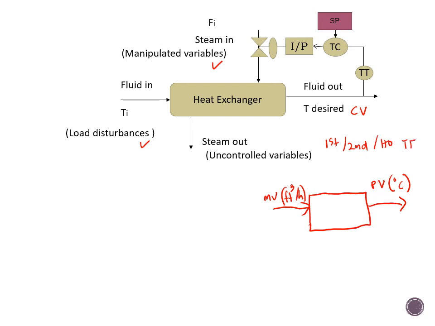The transfer function for your process, for example for a first order transfer function, is equal to K e to the power of minus theta s, divided by tau s plus 1. So that is your block diagram for the process.